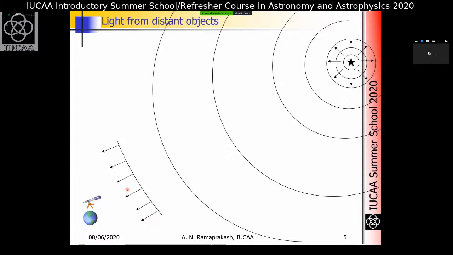Now, the second part is, how does the telescope allow you to see fine details? To understand that, let me put a second star right next to the first star. If you're sitting here, the light from both of these objects, the black star as well as the red star, would be arriving at the telescope together. If the telescope is somehow able to distinguish or separate the light coming from the black star from the light coming from the red star, then it will see them as two different stars.